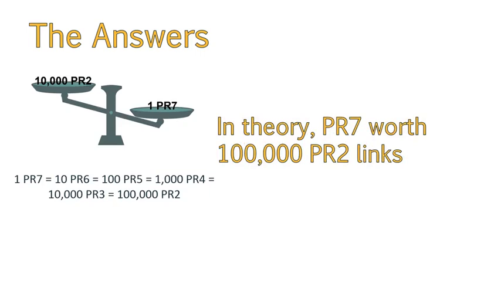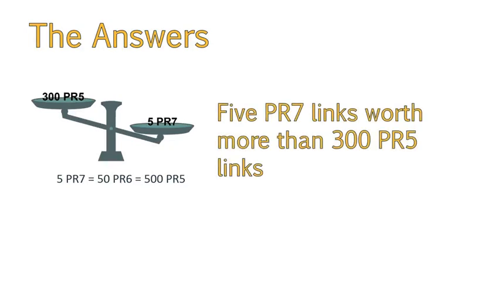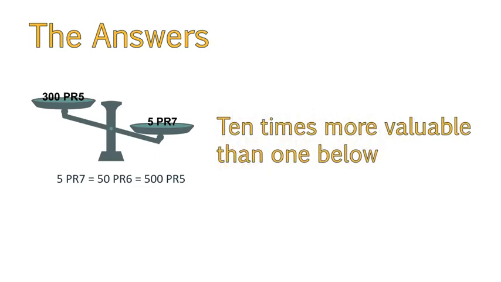Remember I said earlier on, one link can be worth 1,000,000 times more than another one? So this is just really an illustration of that. And you can see the same thing with my example over here on the right, where 5 PageRank 7 links is worth more than 300 PageRank 5 links. Now keep in mind, I keep emphasizing that one PageRank 7 or one PageRank 6 is 10 times more valuable than one link that one PageRank step down.